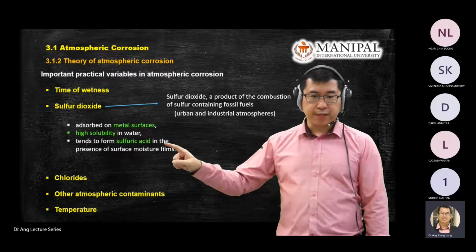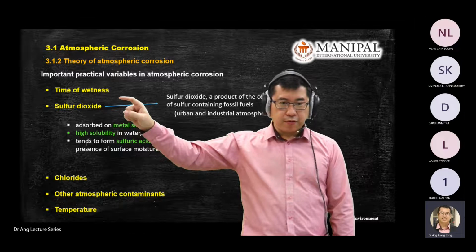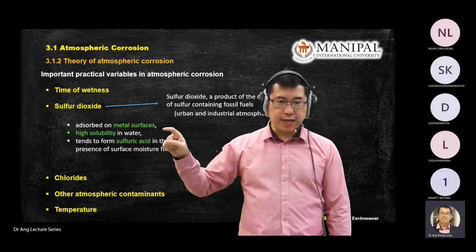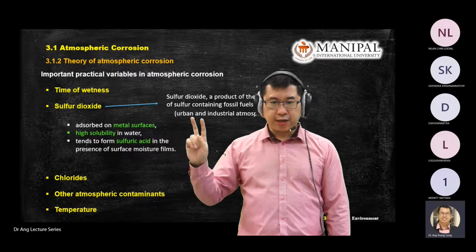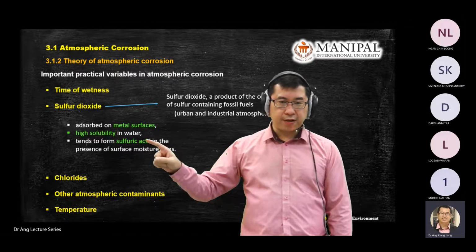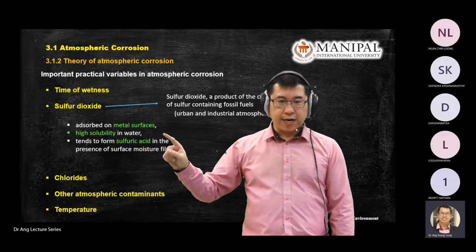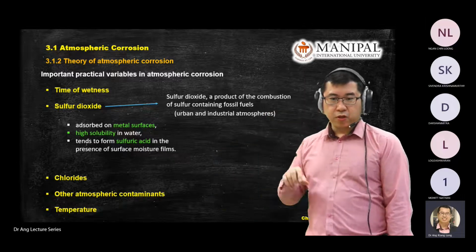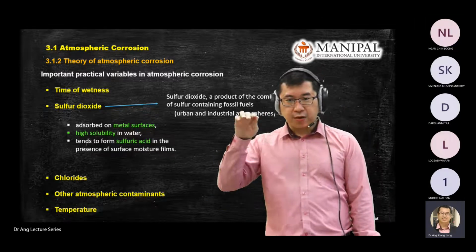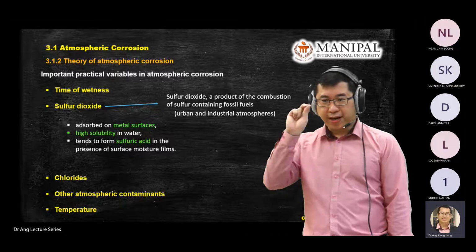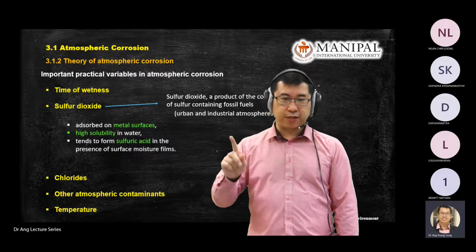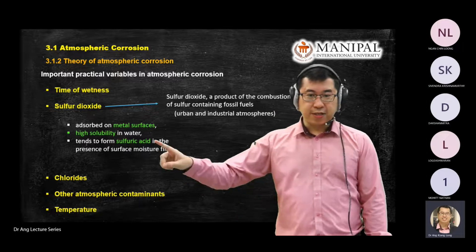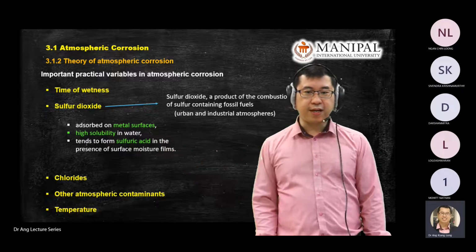The chemical reaction, the exchange of electrons, negative, positive, gives you acid products. When you have an acidic surface, the corrosion rate will increase. So this is the cause and effect.